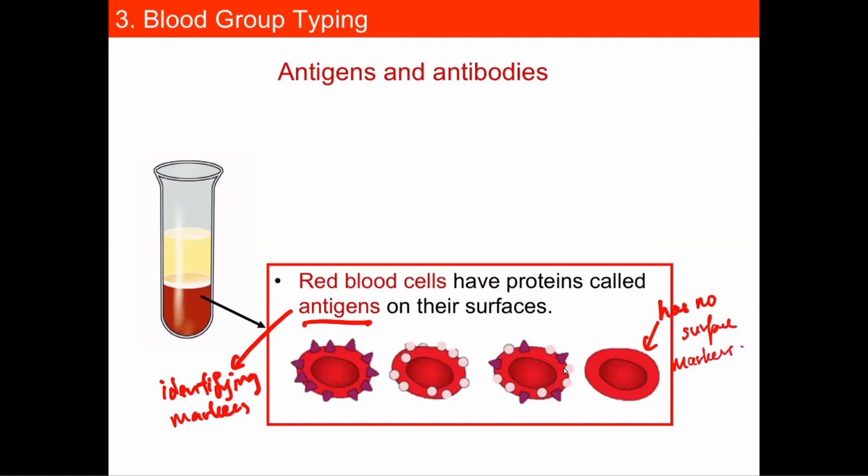So from the different surface proteins, we can recognize what type of red blood cells they are, in other words, what blood group they are as well. So that is the concept of antigens: identifying surface protein markers, which we can use to recognize your blood groups.